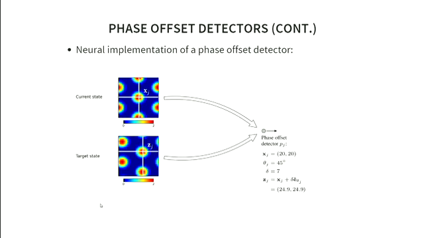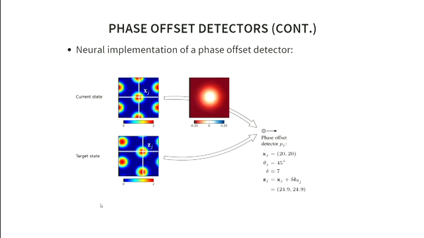So first we only want the phase offset detector to be active when the current state is satisfied. So I have chosen to do this by inhibiting the neuron when there is current state activity in the wrong location. In this matrix we see that each pixel shows the synaptic weight for the respective pixel from the current state matrix, and red indicates inhibition. So with this setup the neuron will be strongly inhibited unless the current state is in the correct position.